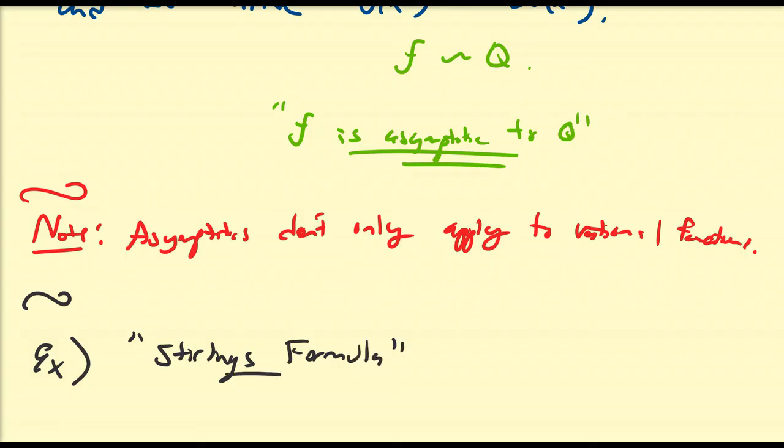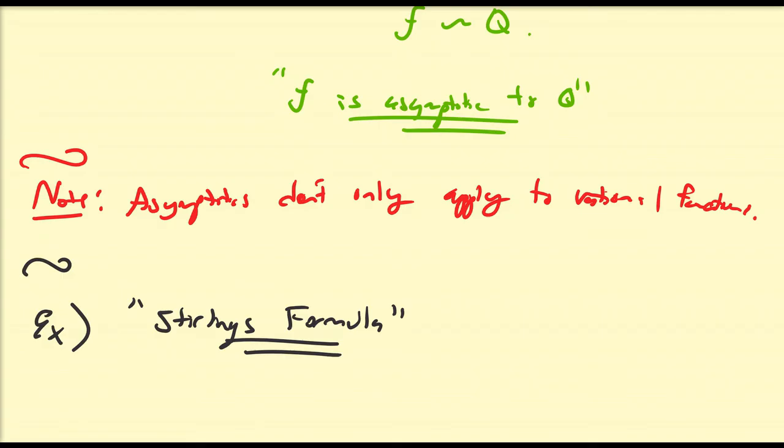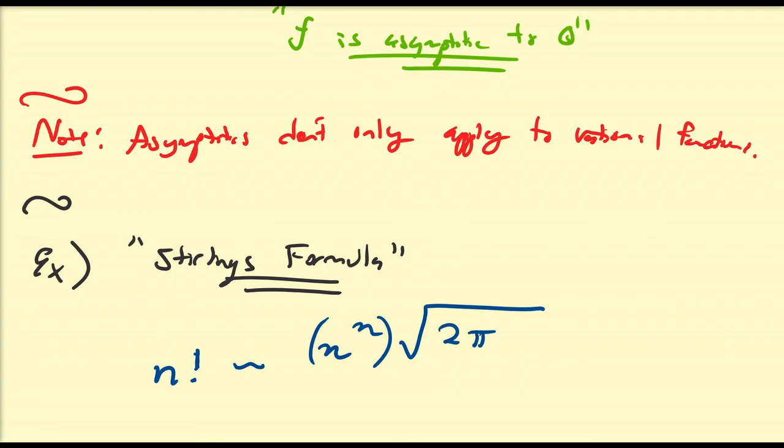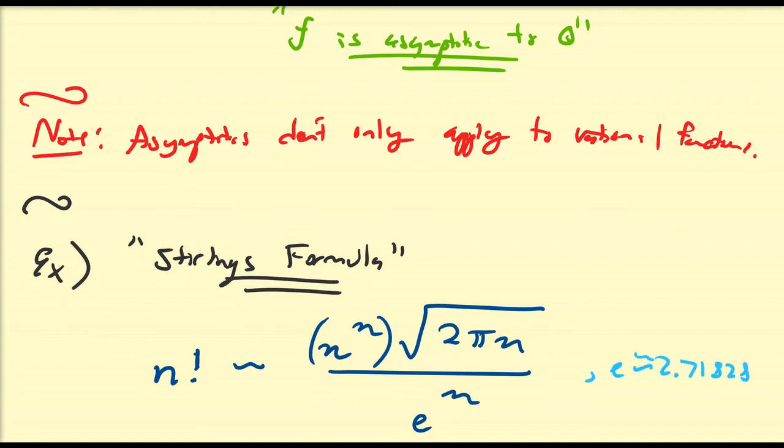Stirling's formula relates to the factorial when n is really large. It says that n factorial is asymptotic to the expression n to the power of n multiplied by the square root of 2 pi n, all divided by e to the n, where e is approximately equal to 2.71828 and so on.